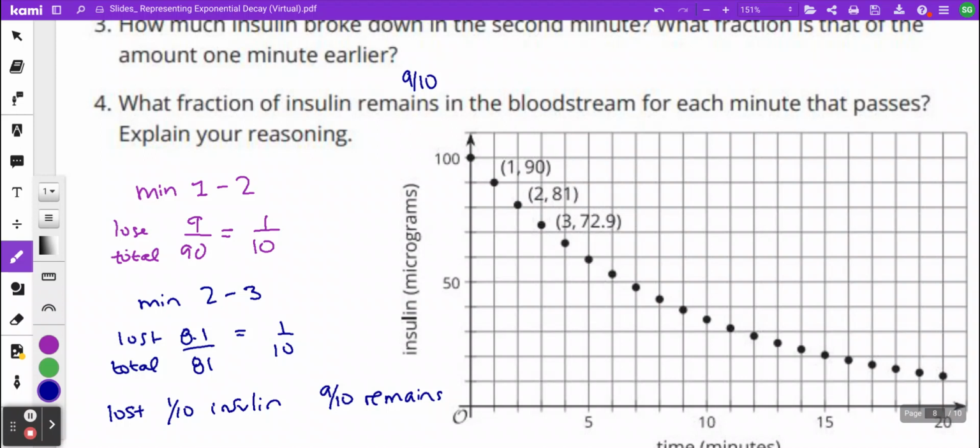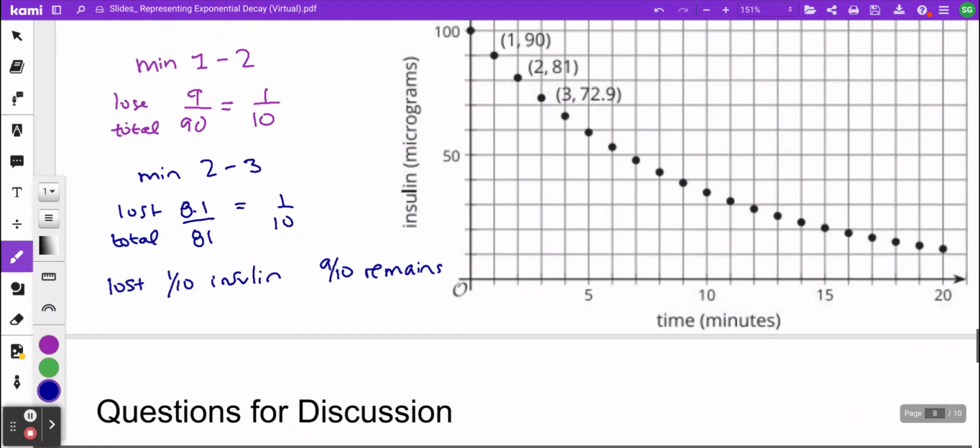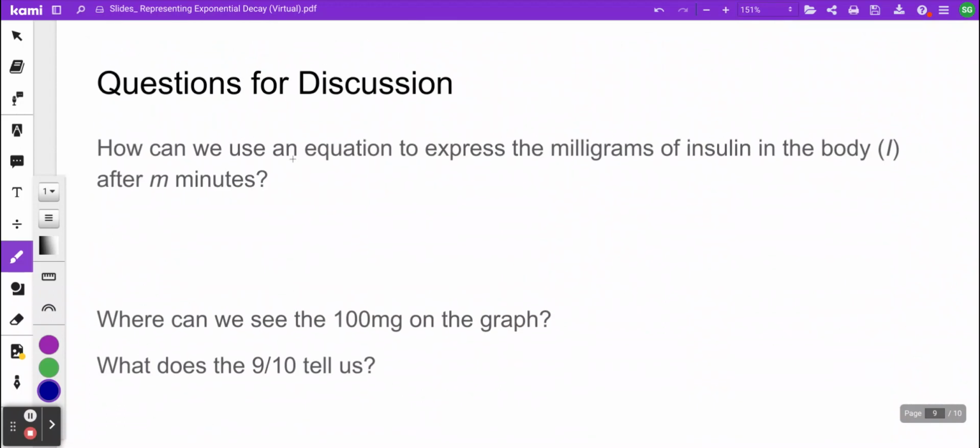So using this observation, we can then come up with an equation to represent this graph. That last question, our favorite question, is what equation could we use to express the micrograms of insulin in the body, which we're going to call I after m minutes? Oh, that must be the letter I for insulin.